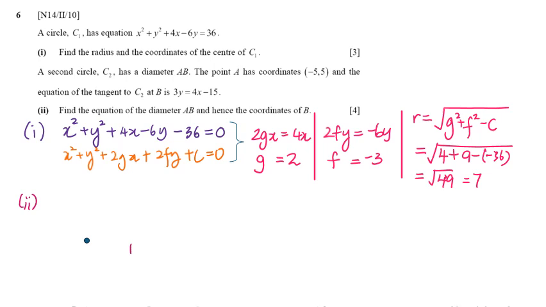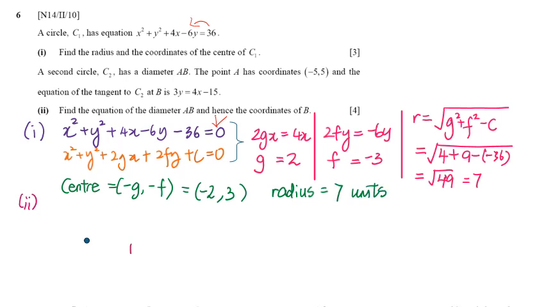Your c is negative 36. If you're wondering how you get negative 36, you have to subtract 36 on both sides to make your right-hand side equal to 0. So from there you can find the center of C1 to be (-g, -f), that's (-2, 3), radius 7 units.